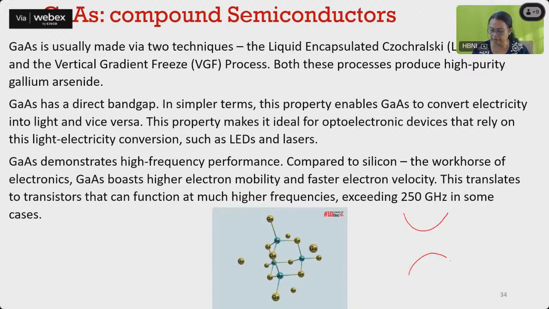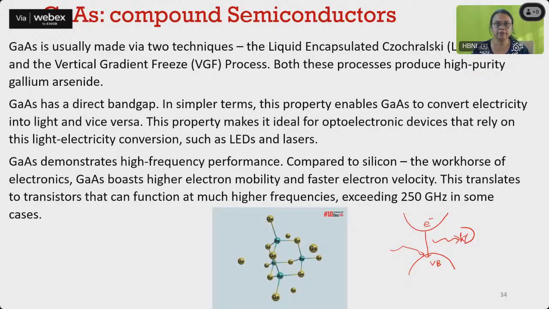Since it is like this, whenever an electron in the conduction band jumps to the valence band, it gives out a photon, h nu. Or similarly, we can give a photon and it can go there directly, where there will be no loss. This makes it ideal for optoelectronic devices that rely on light-electricity conversion.